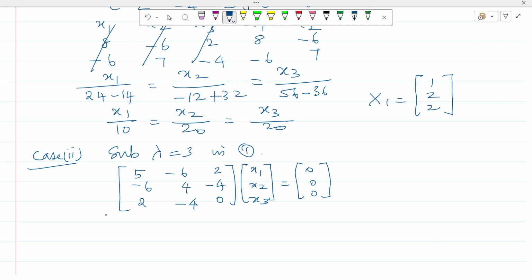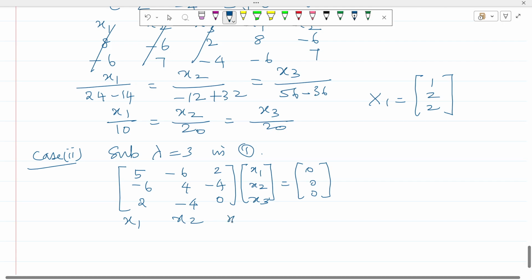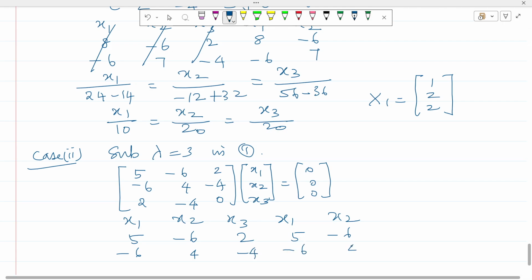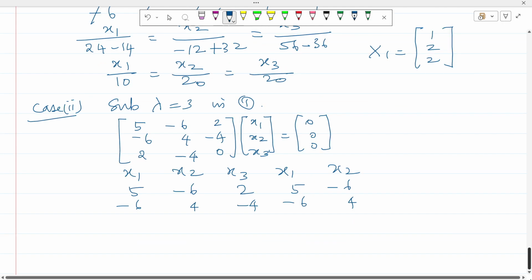Here also you can take two non-identical rows: x1 x2 x3 x1 x2, 5 -6 2 5 -6, -6 4 -4 -6 4.